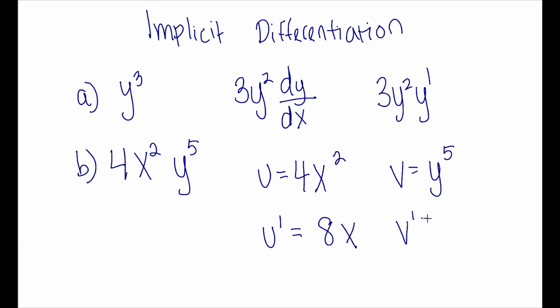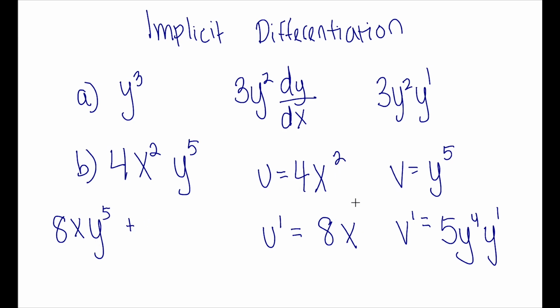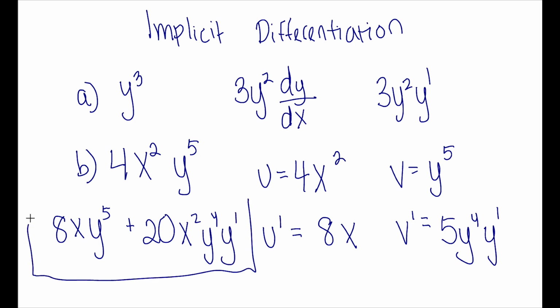When I find the derivative of v, since it's a y, 5y to the fourth times y prime, or dy over dx, whichever you prefer. Then we multiply across. 8x y to the fifth plus 4x squared times this gives you 20x squared y to the fourth y prime.